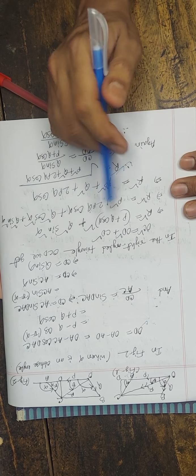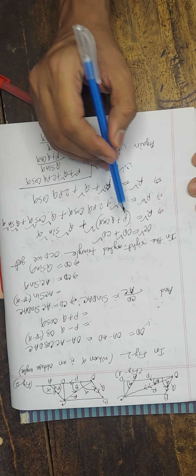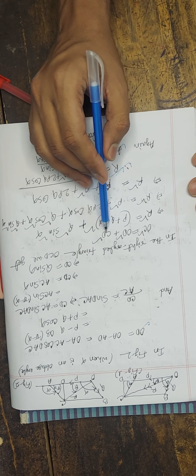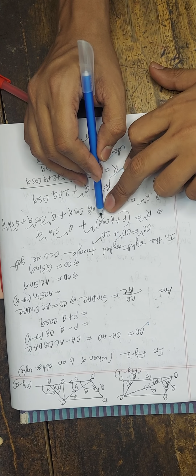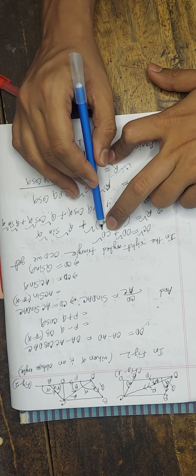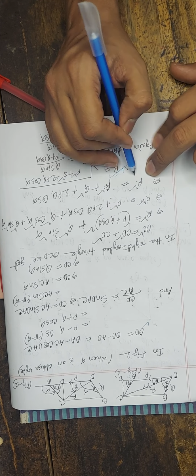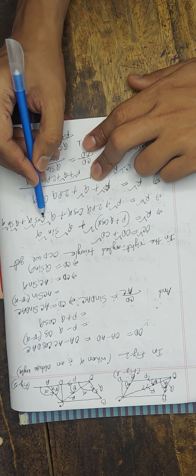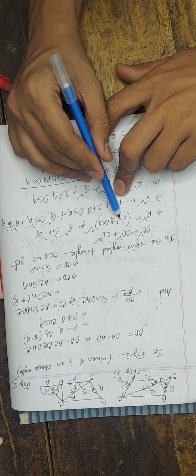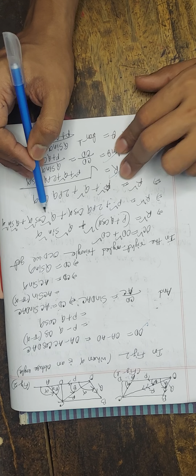Now in the right angle triangle OCD, we get OC square equal to OD square plus CD square. We can substitute OD by P plus Q cos alpha whole square, and CD by Q sin alpha, so we get R square equal to P square plus Q square. How do we find Q square here? First we apply the A plus B whole square formula, A square plus 2AB plus B square.